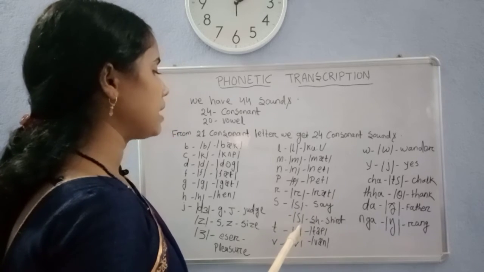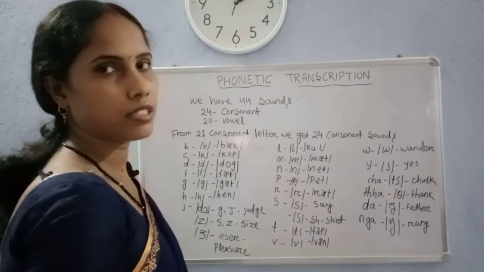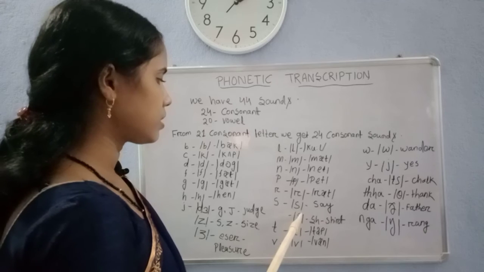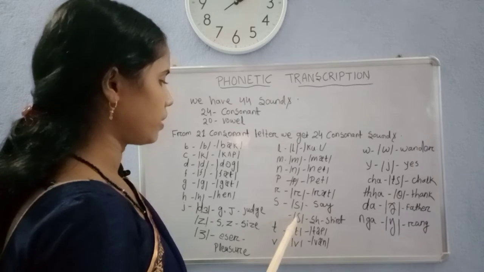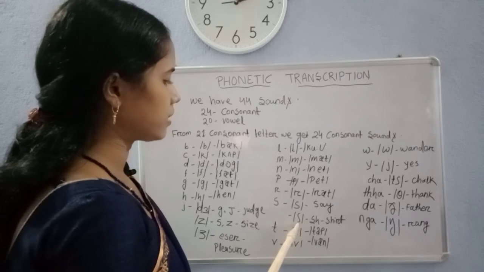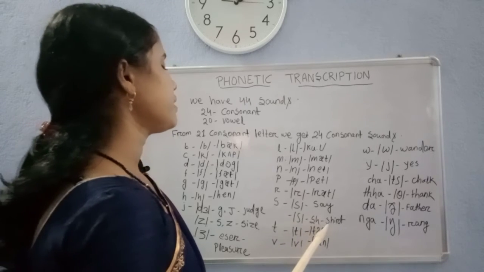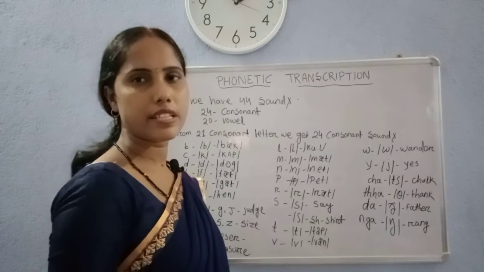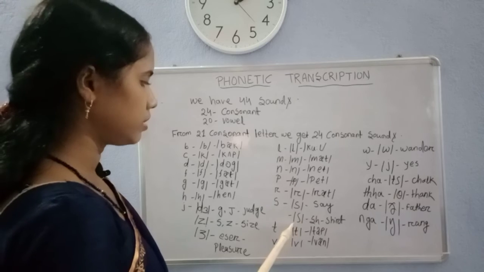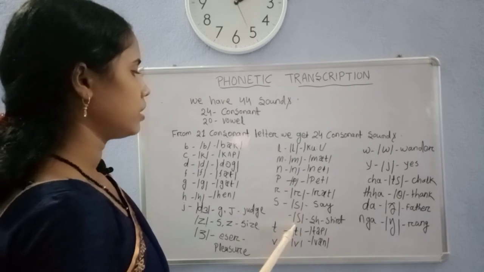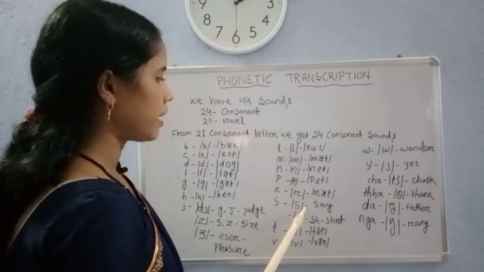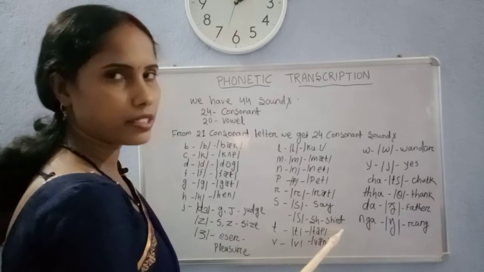But if the spelling starts with SH, for the sh sound, you will write this type of long S. Its transcription is like this, as in the word shirt, S-H-I-R-T. For S-H, you have to write this sound. So the letter S has two sounds, as in say and as in shirt.